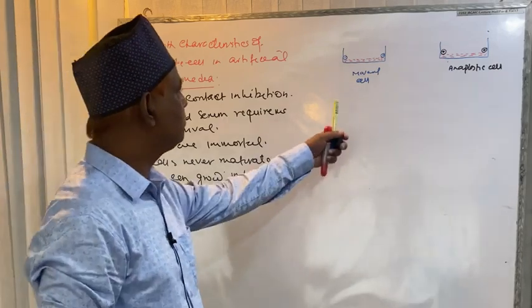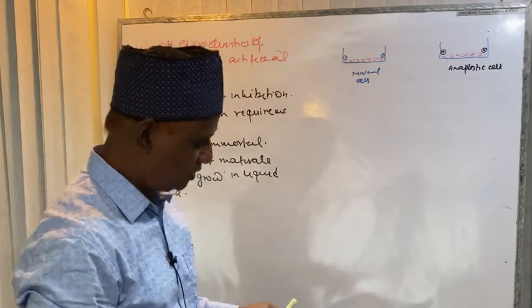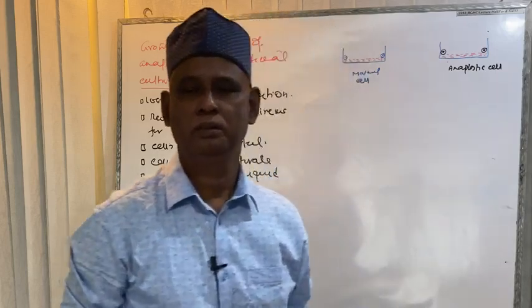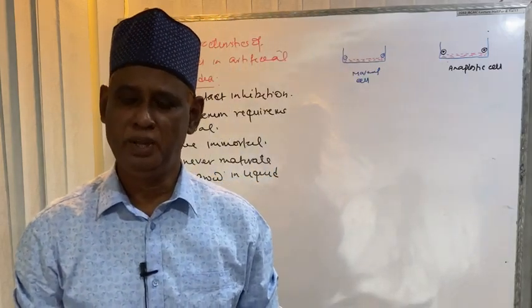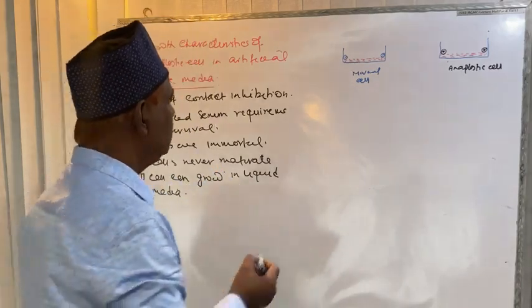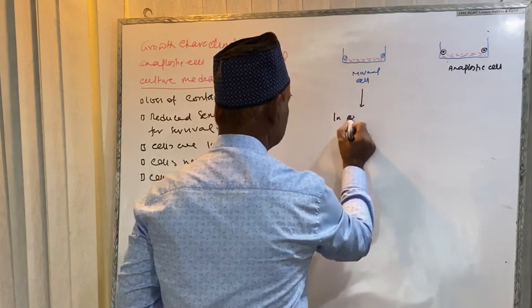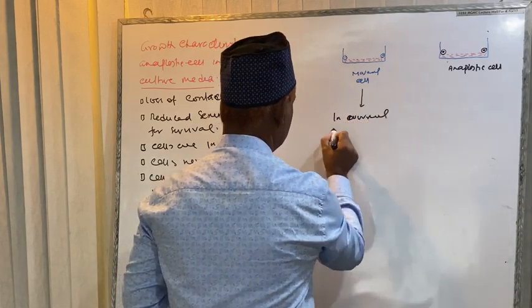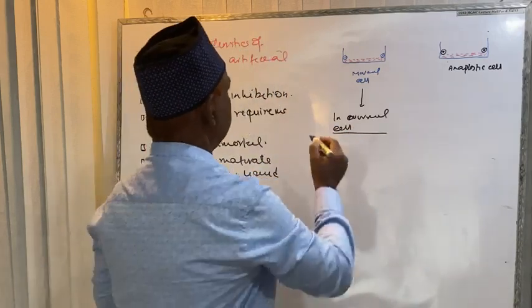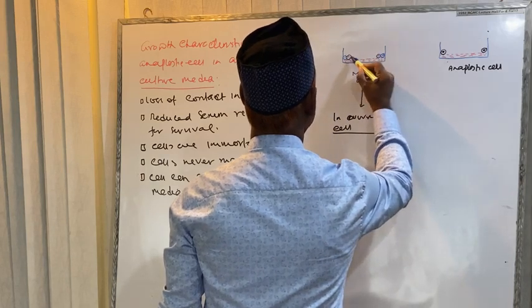The cells undergo multiplication. In the case of normal cells, what happens? The cell will multiply. The cell will multiply like this.